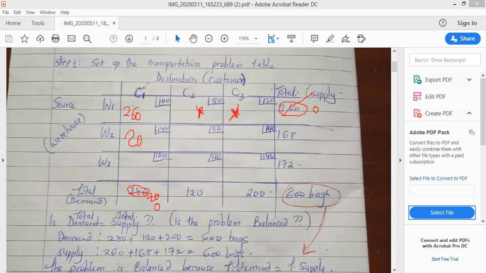Just like here, the moment we have satisfied the C1 destination, no more allocation can be done, and so this particular cell will not receive anything; it will be an empty cell. Now, we have not exhausted the units of source W2. We still have a balance of 148 units, which we need to assign to some cells.